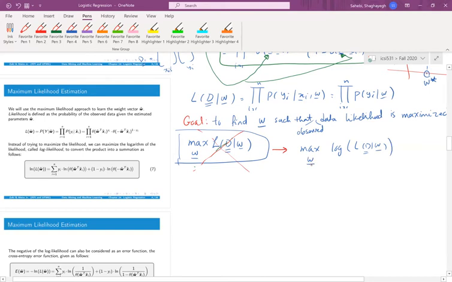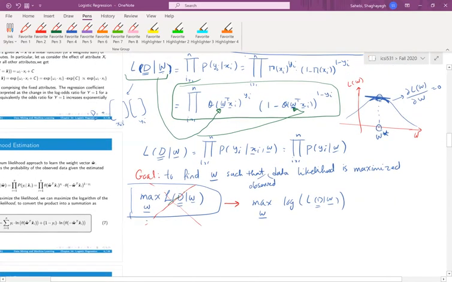So I would find W that maximizes the logarithm of it. Why does this work? First of all, because the logarithm is a monotonic function. So if I find a W that maximizes L of W, that same W is also going to maximize the logarithm of L of W. Okay, so that's a good thing.